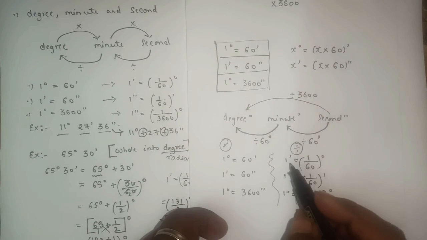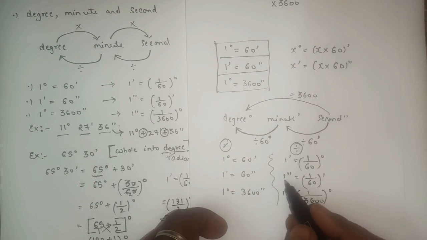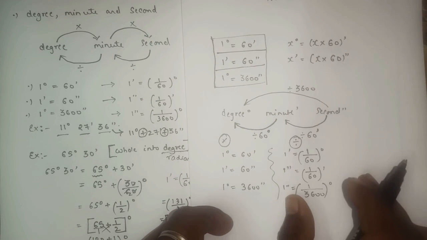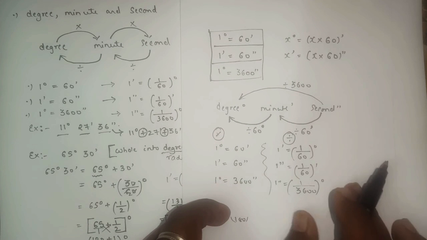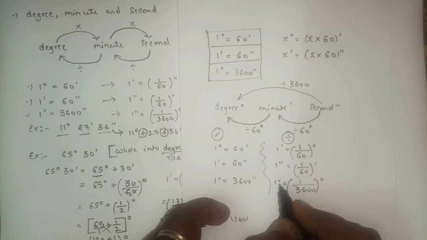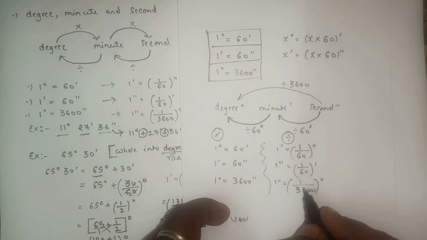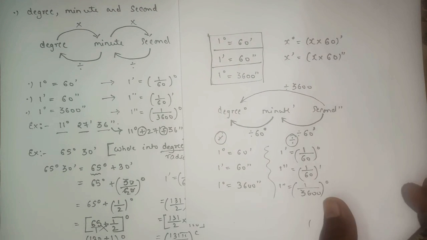So this is the conversion: 1 minute is equal to 1 by 60 degree, 1 second is equal to 1 by 60 minute. And if you want to convert second directly to degree, what you will do is divide it by 3600. So when you divide that number of seconds by 3600, that second directly gets converted into degree.